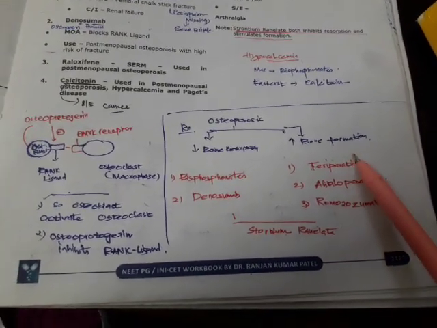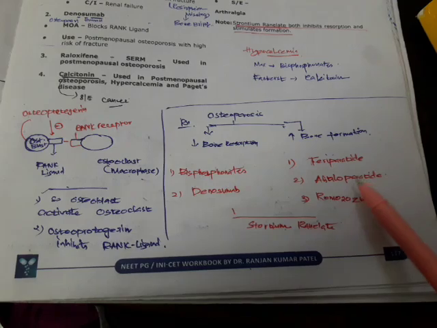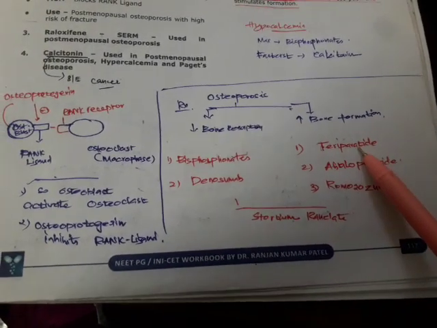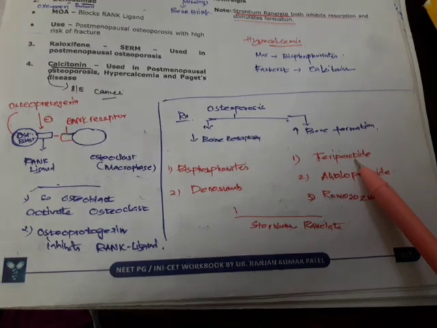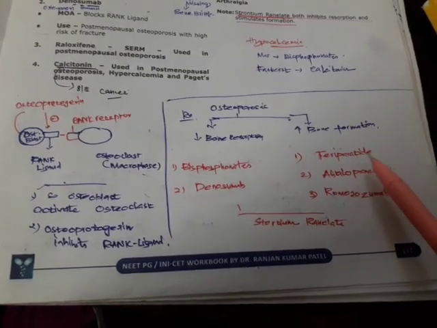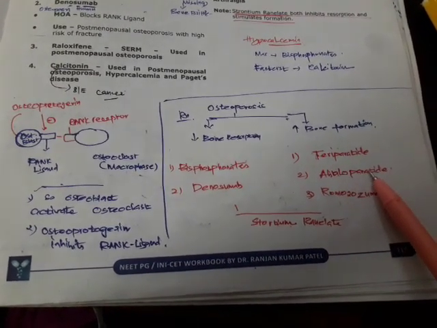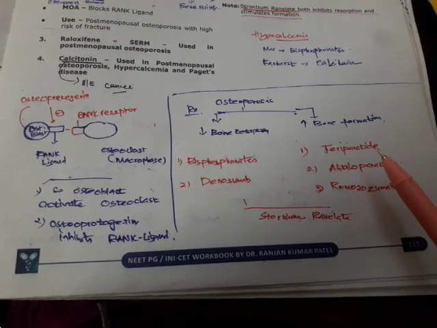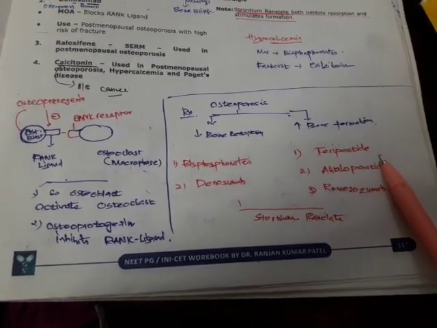Okay, next, to increase the bone formation, what drugs do we have? Teriparatide, abaloparatide and romosozumab. Teriparatide is a PTH analog, a parathyroid hormone analog. Abaloparatide is a parathyroid hormone related peptide analog.